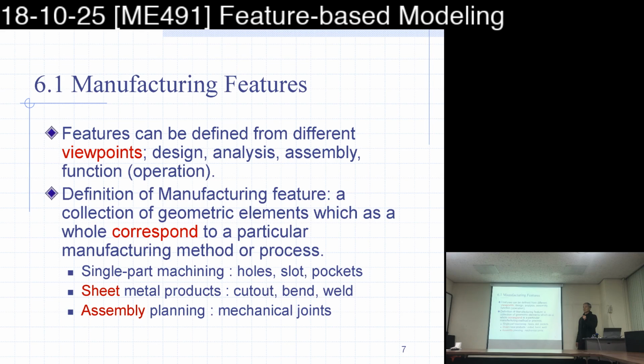To the same geometry, the same shape, they give different meanings because they work differently. Manufacturing features are a collection of geometry. So you still start from shape and geometry, but put some meaning to that, particular manufacturing methods or processes. Something like hole, slot, pocket, cutout, bend, weld, mechanical joints.